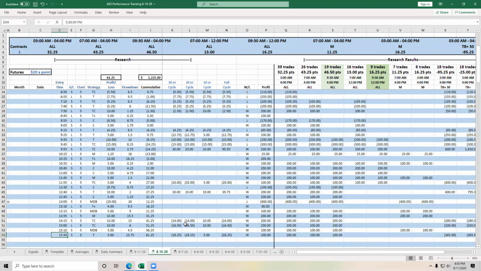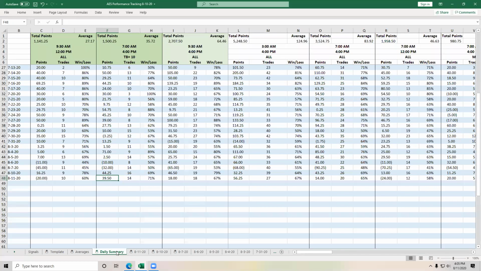So this is a process of you just follow the signals, you do what's necessary, and you know what your plan is for your personal trading, whether or not you want to take all of the signals, what kind of time frame you want to trade, and how you are going to actually perform in your personal trading business.